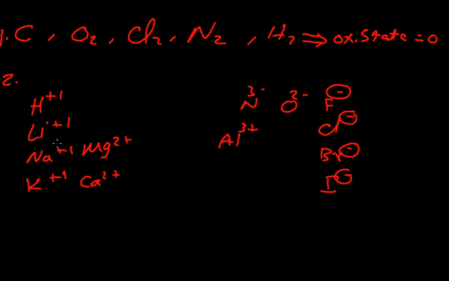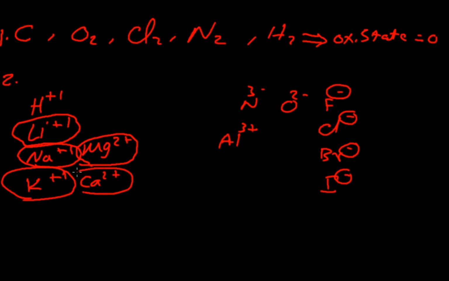For the elements that I will draw a circle around, they always have one oxidation state. These are their oxidation states. These elements only, and the rest of the elements have different oxidation states, but they generally take the oxidation state drawn on the board.